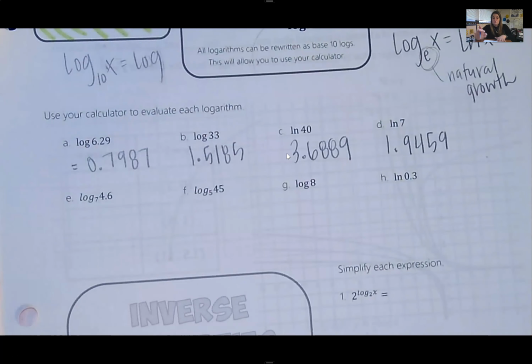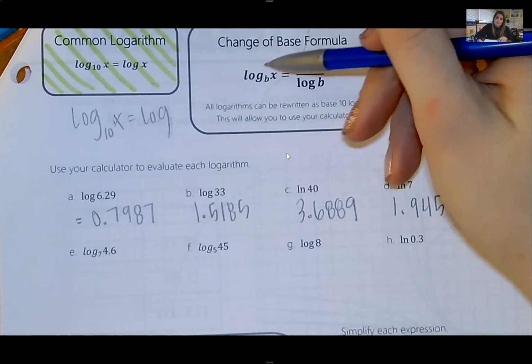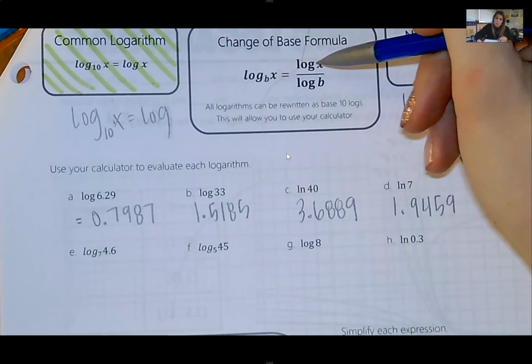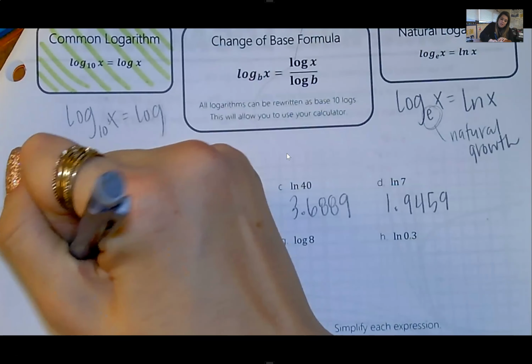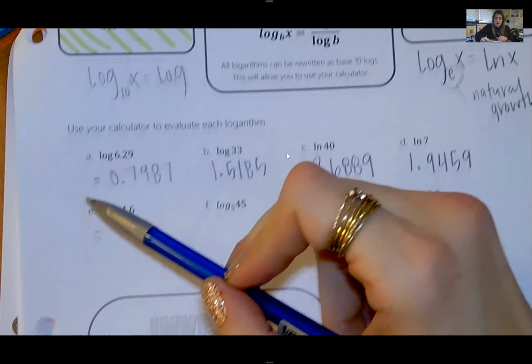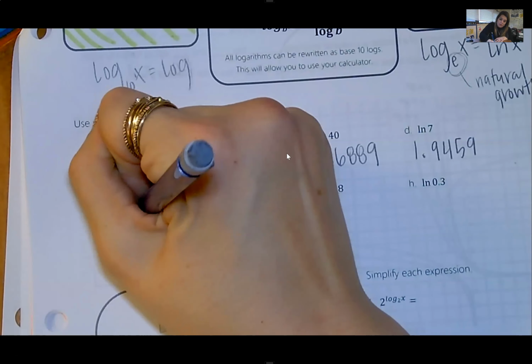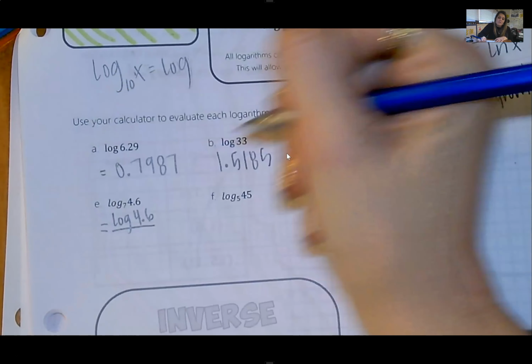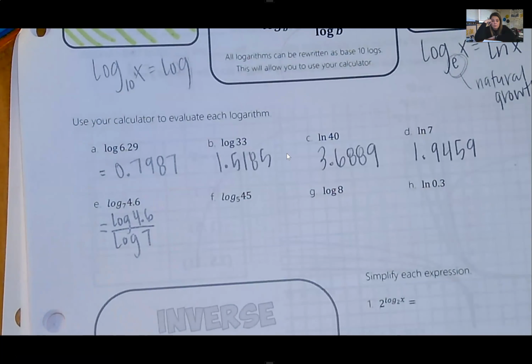Up here we have a formula that says if we need to evaluate a log that has a base, we use this fraction. We put the log of the number in the top, log 4.6, and divide it by the log of the base in the bottom.